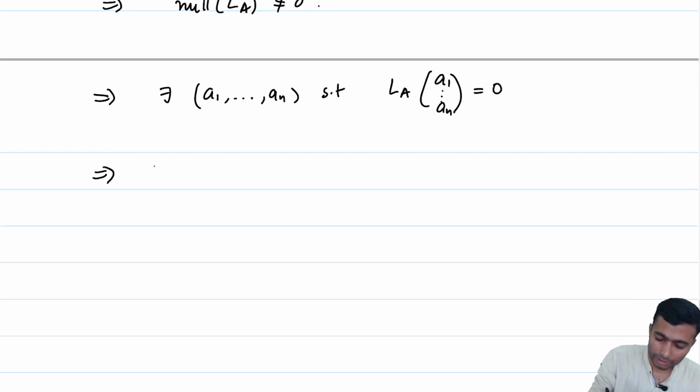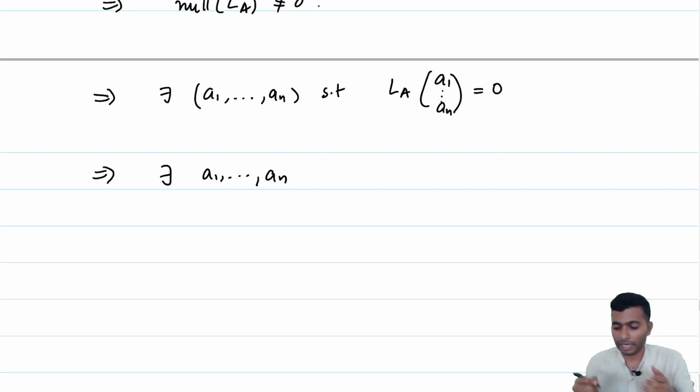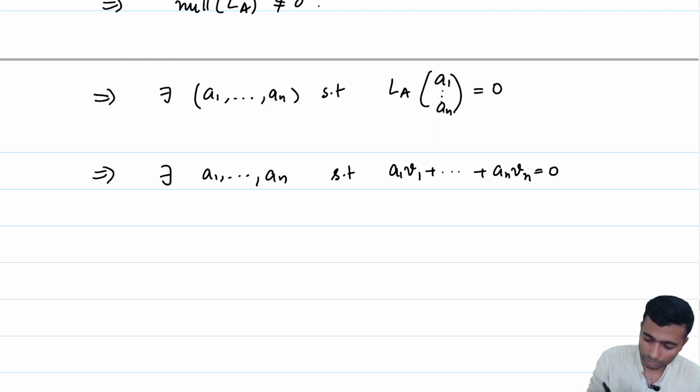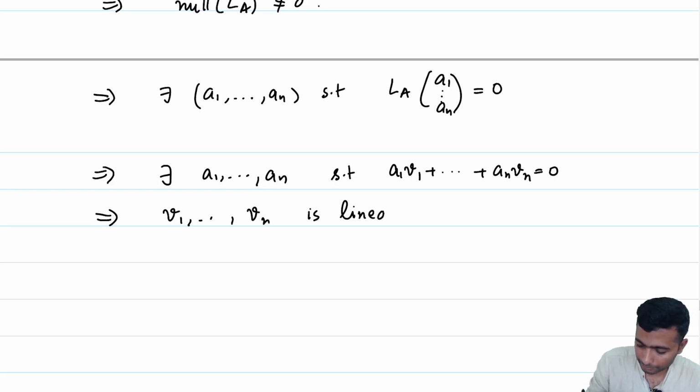which implies there exist a1 to an. What is LA of (a1, a2, up to an)? It is just A times this. And what is A times this? So, a1 v1 plus up to an vn is equal to 0, which implies that v1 to vn is linearly dependent.